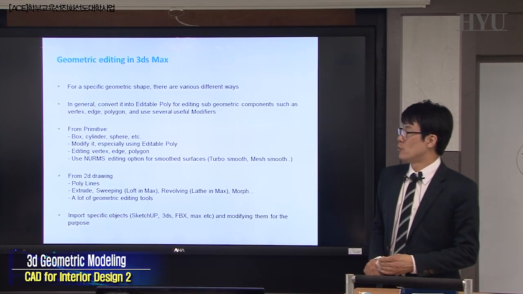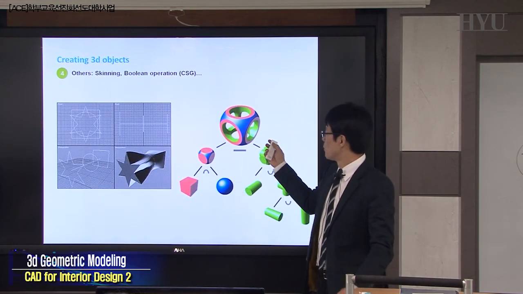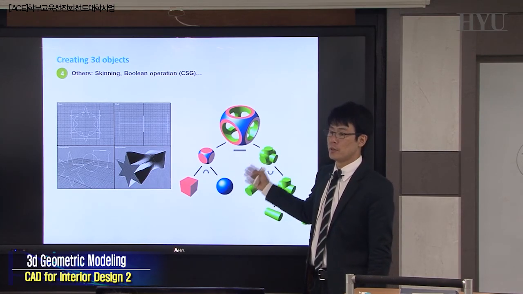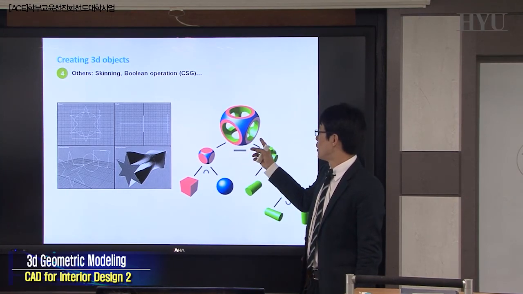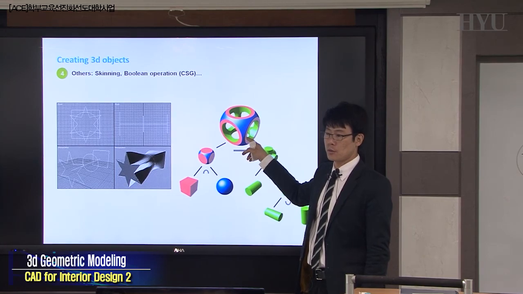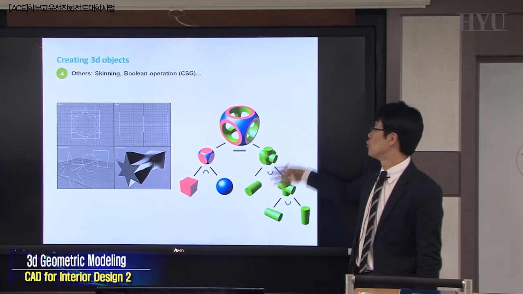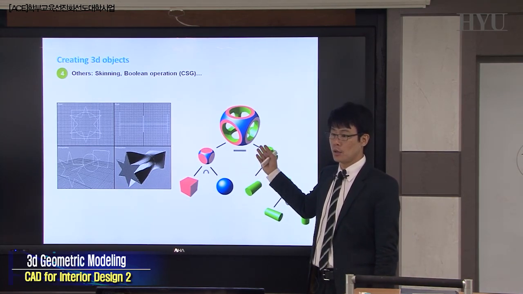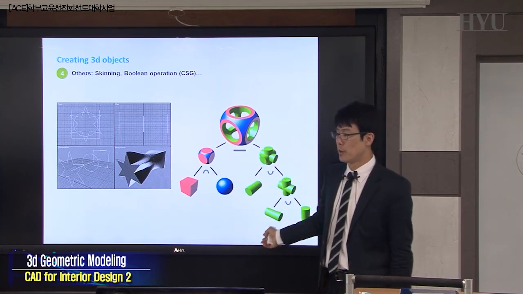Another thing you should know: simply think about making this object. I showed you this very well-known example of Boolean operation, but actually you can create this one from nothing. You can draw it one by one, face by face. You can even find some more methods, some more tools, or some other ways. You don't need to use Boolean operation always.